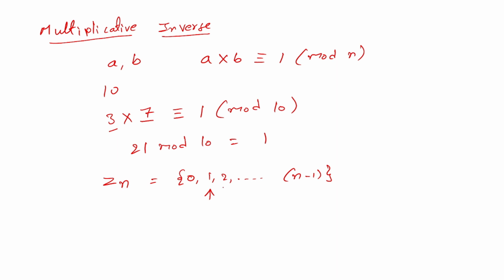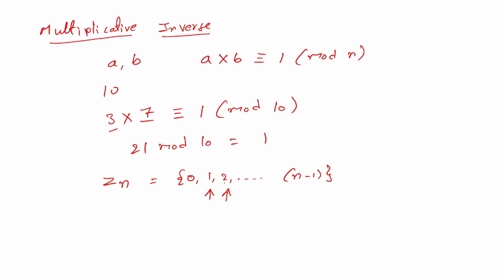Like I said, in additive inverse, each and every value has an additive inverse. Whatever the values in the set, all those values have additive inverses. But it is not like additive inverse. It is different from additive inverse. Here, the value may or may not contain a multiplicative inverse.